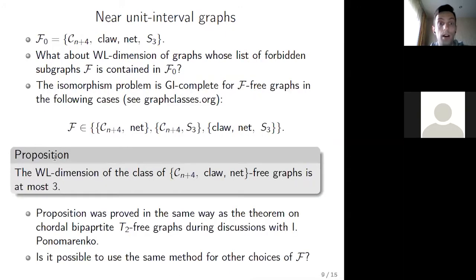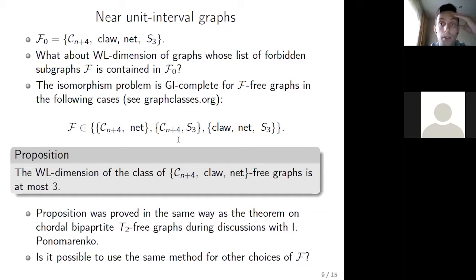So let F0 be the set of graphs consisting of cycles of length at least 4, claw, net, and S3. And what about the Weisfeiler-Leman dimension of graphs whose list of forbidden subgraphs is contained in F0?